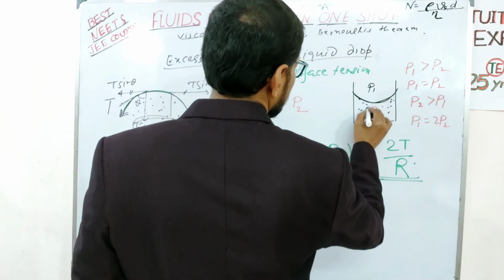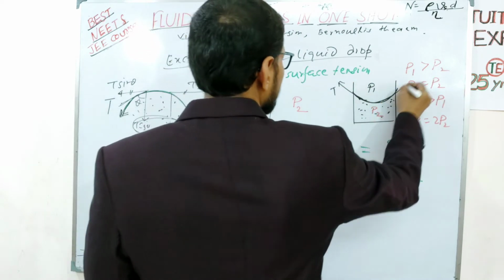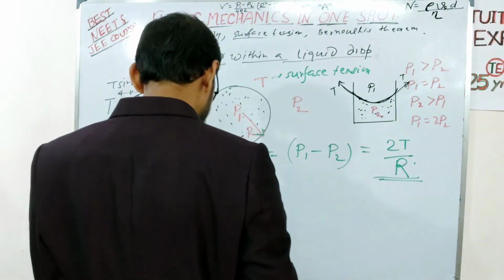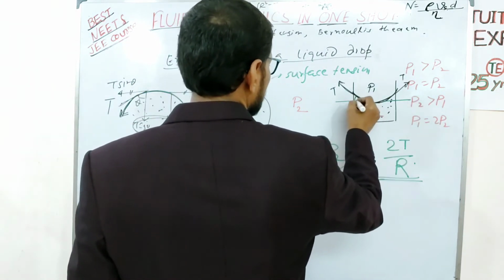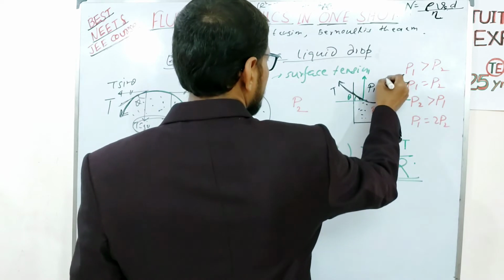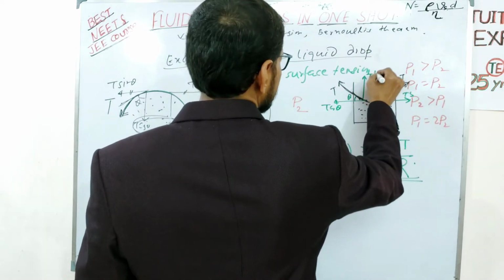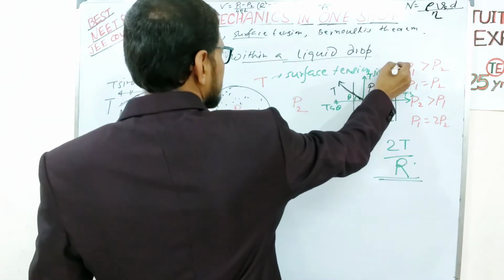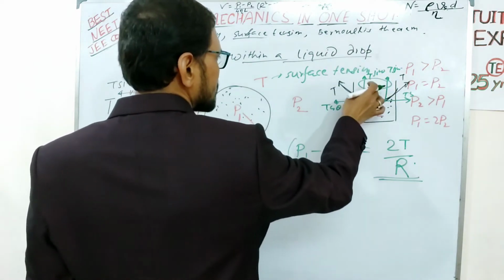Here the curvature is in this way, and surface tension always acts along the curvature of the surface. If we split T into two ways, T cos theta balances and T sin theta acts in this direction. So if extra force acts in this direction, pressure is more here.